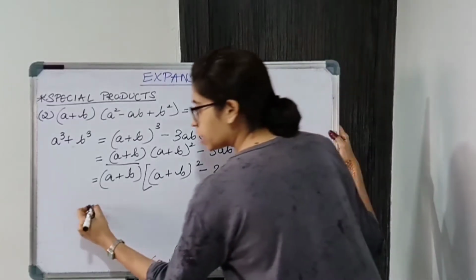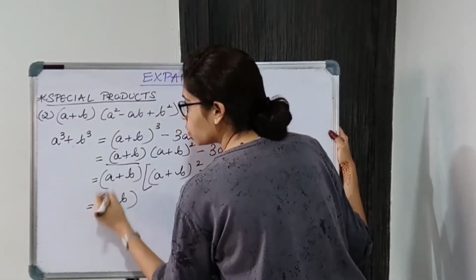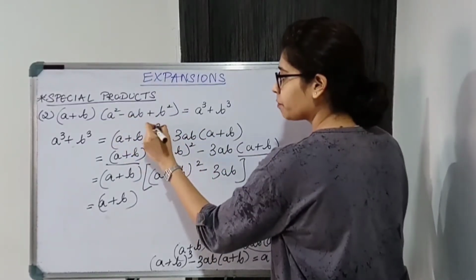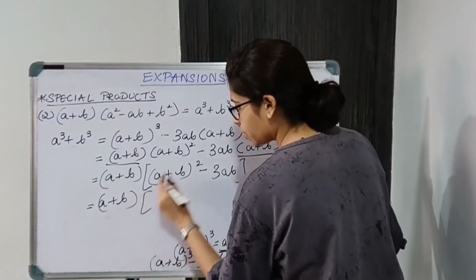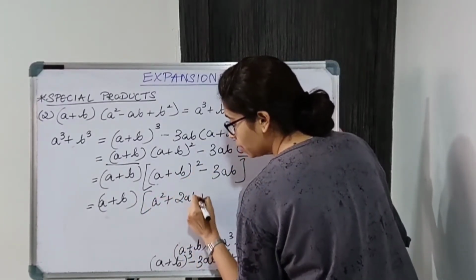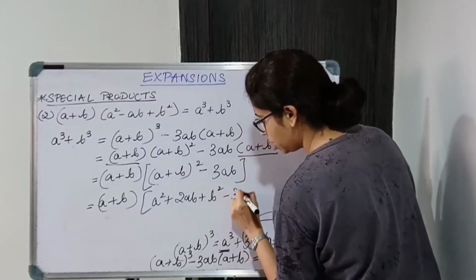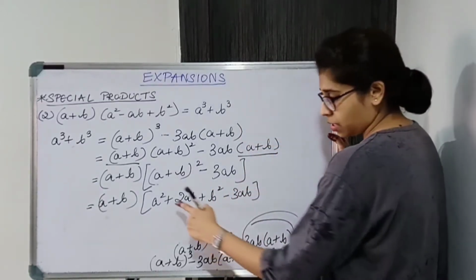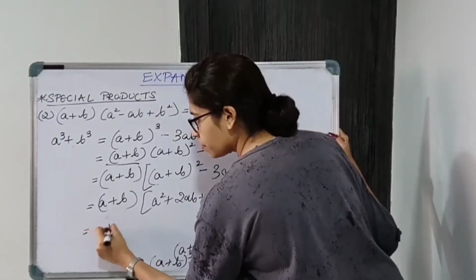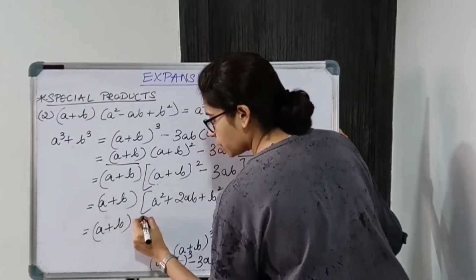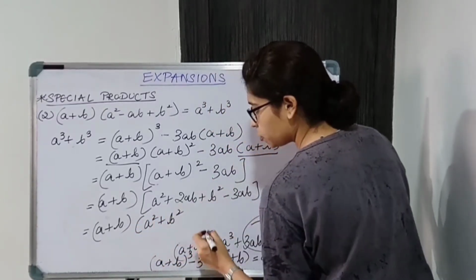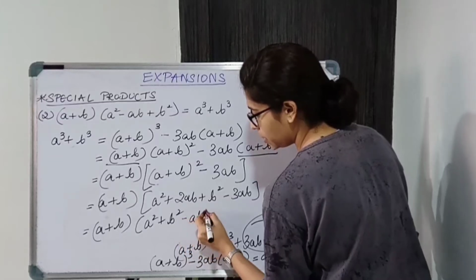Okay, so we got one bracket, now we need this bracket. (a + b)² is a² + 2ab + b², minus 3ab. These are like terms, so I can subtract them. So a² + b², and 2ab - 3ab gives -ab.